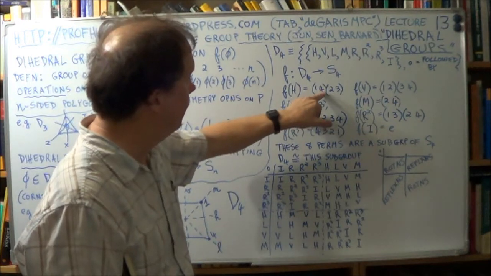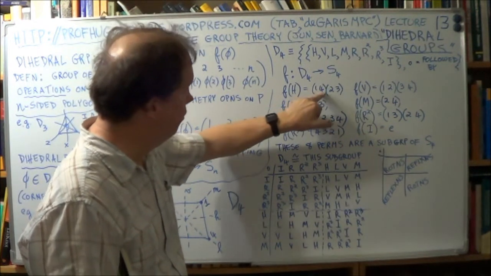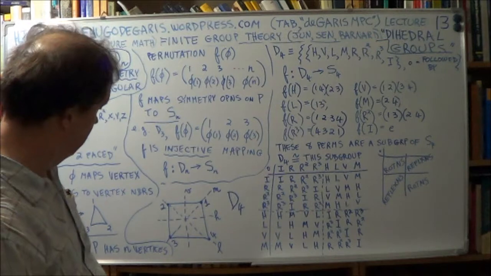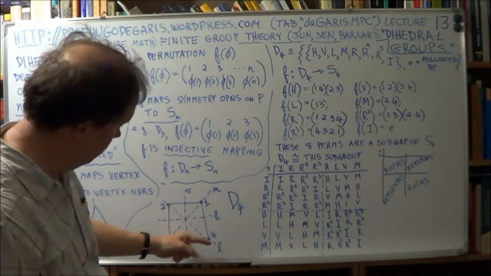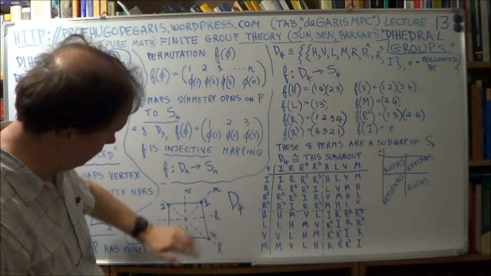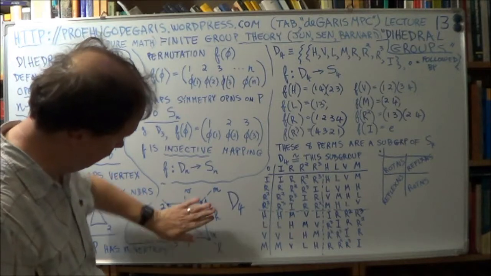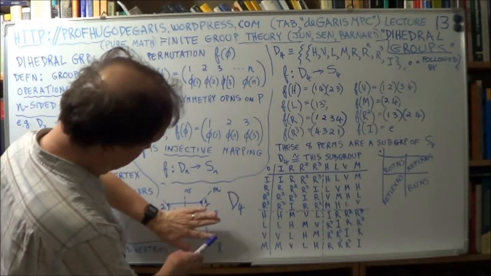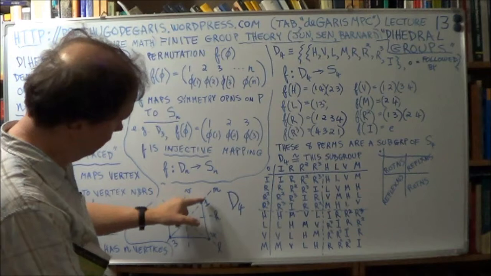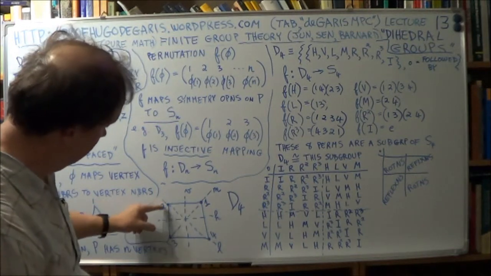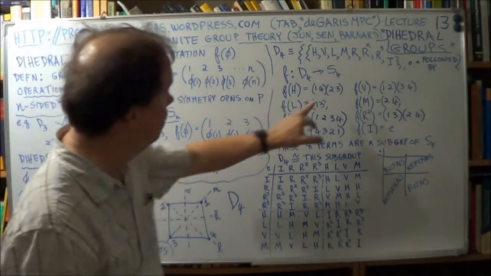Okay. So 1 goes to 4 and 4 goes to 1. Does that make sense? Well, that makes sense, right? Because you're flipping it. If this is 4 down here and you flip it, it'll be up here. So 4 goes to 1, 1 goes to 4. And similarly, 2 goes to 3 and 3 goes to 2.